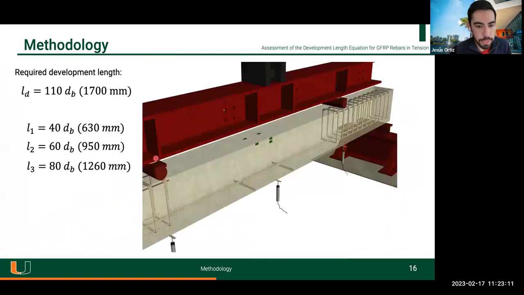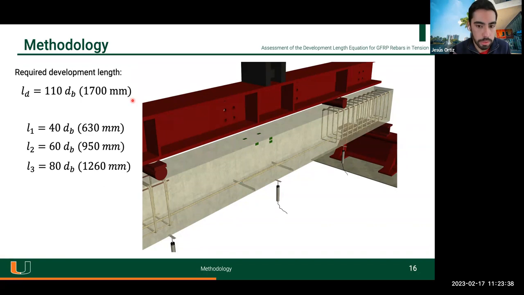Regarding the splice length, we are currently evaluating 3 different lengths: 40, 60, and 80 times the bar diameter. The first phase is only focused on number 5 rebars. If you compute the required development length based on the ACI 440 equation, you get 110 times the bar diameter, so around 1.7 meters.